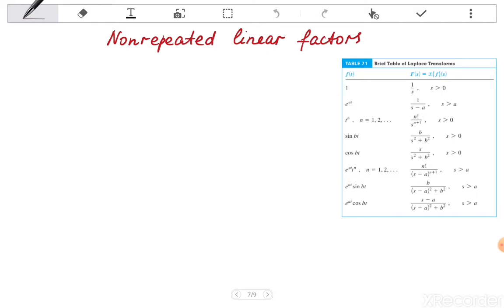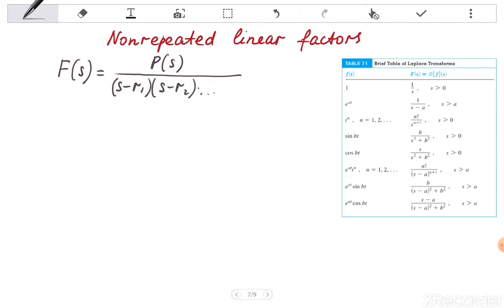Non-repeated linear factors is the case when the function F of s is some polynomial of s over some product of linear factors which are different.